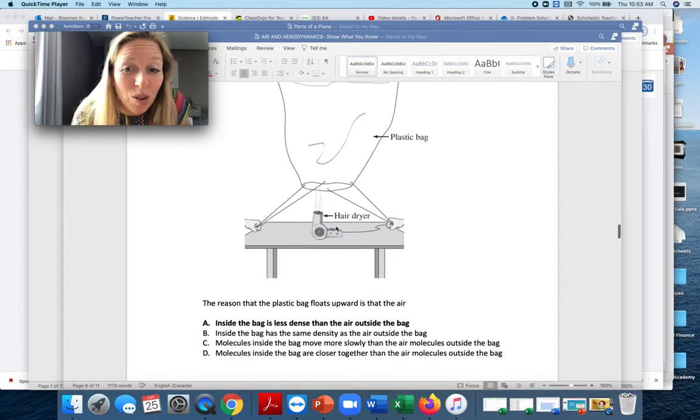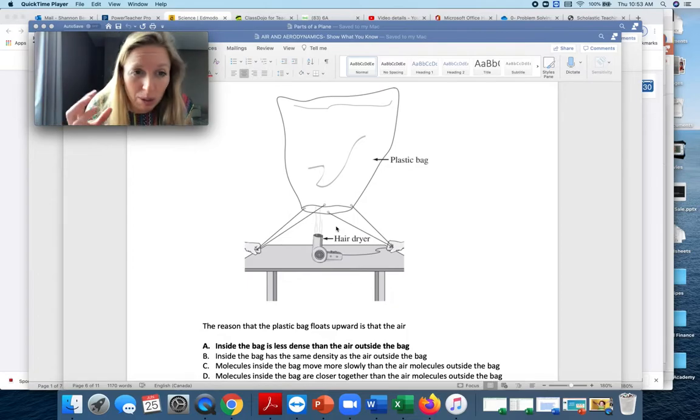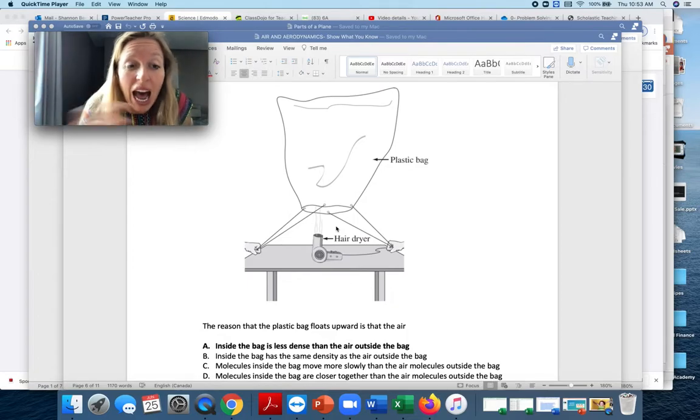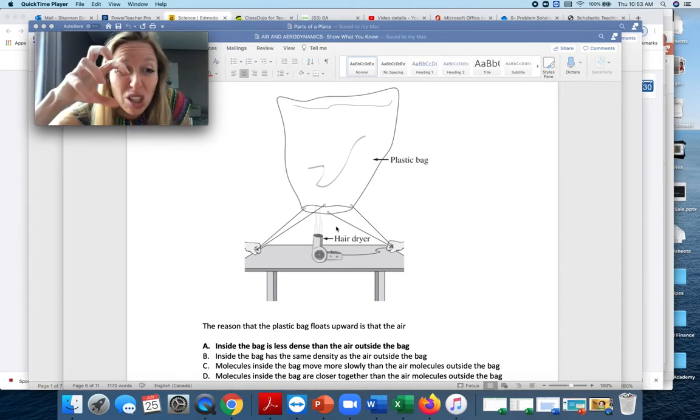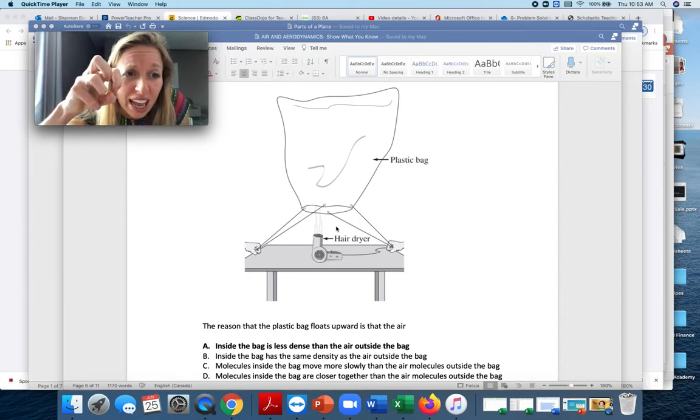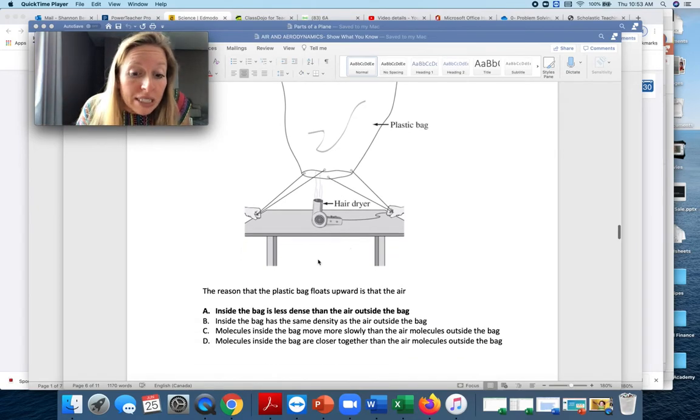Cool. We should know this from grade 5, right? And we talked about this as well. Fast moving, high energy air is going to move up. Slow molecules that are close together are more dense and come closer down to the ground. So the reason the plastic bag floats upwards is because the air inside the bag is less dense than the air outside the bag.